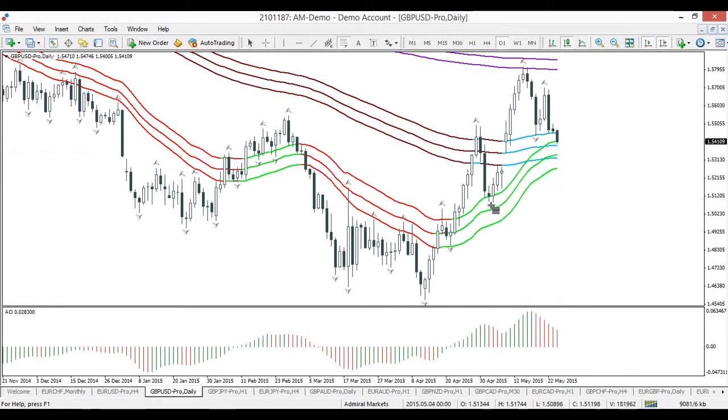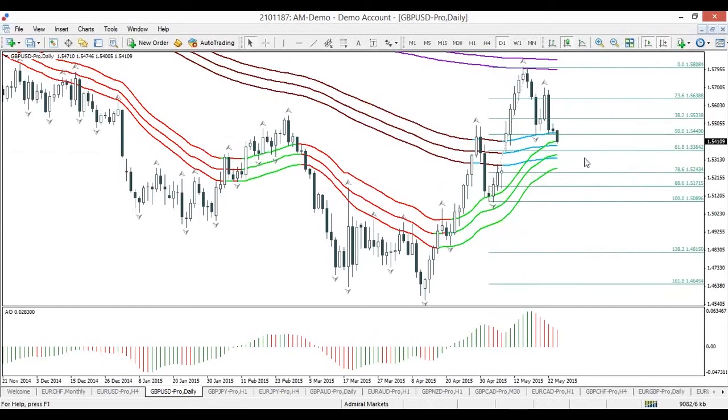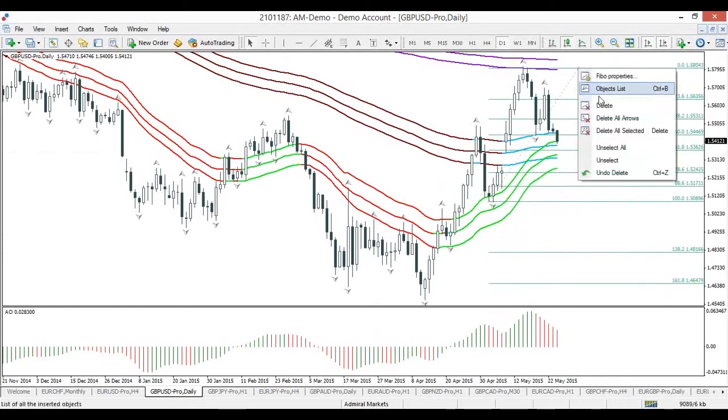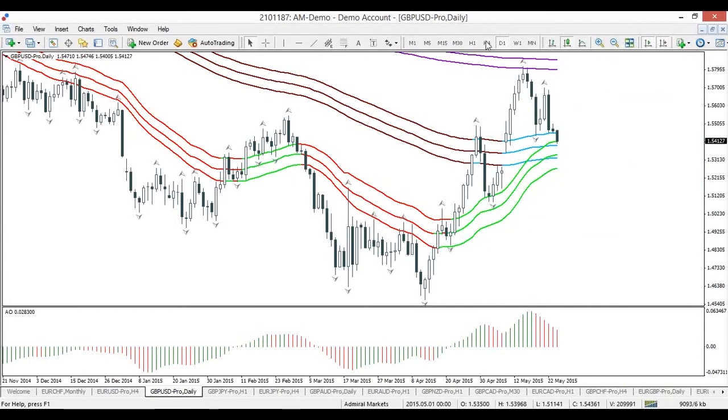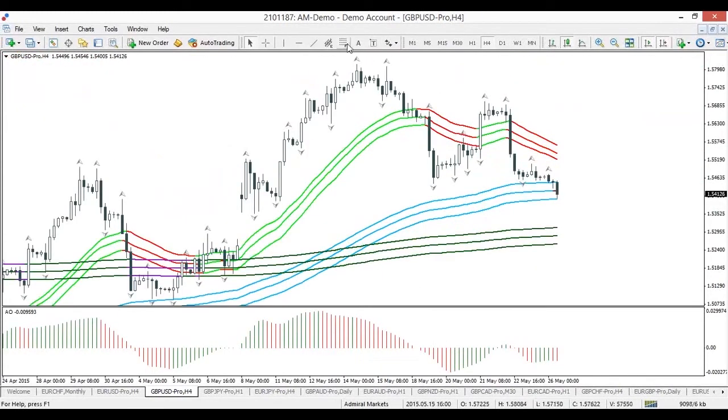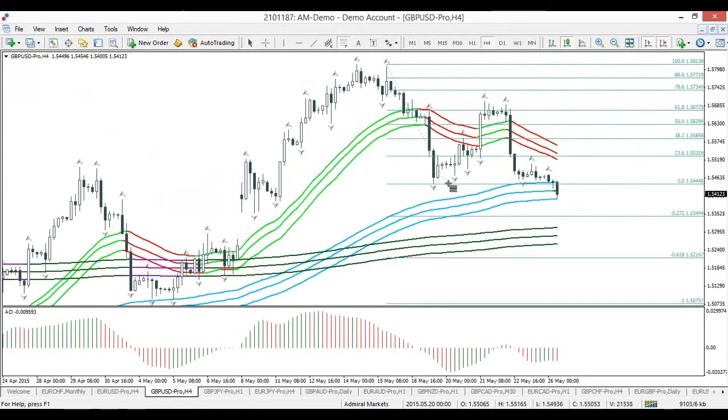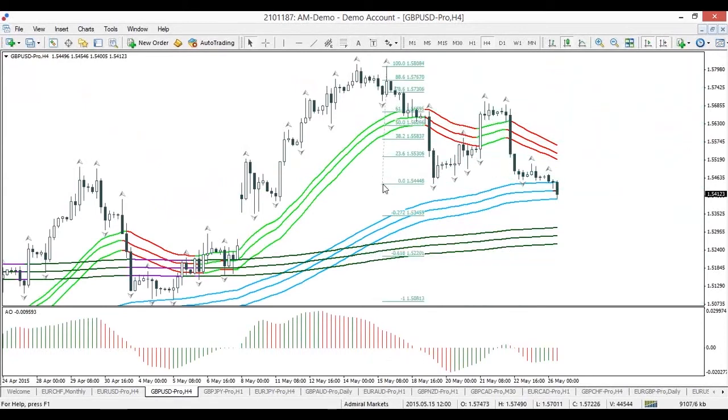Perhaps even a fib could be used. Anyhow, there could be tons of things that might support and give confidence around that area, plus targets like this. So that's going to be interesting, how price responds to that.